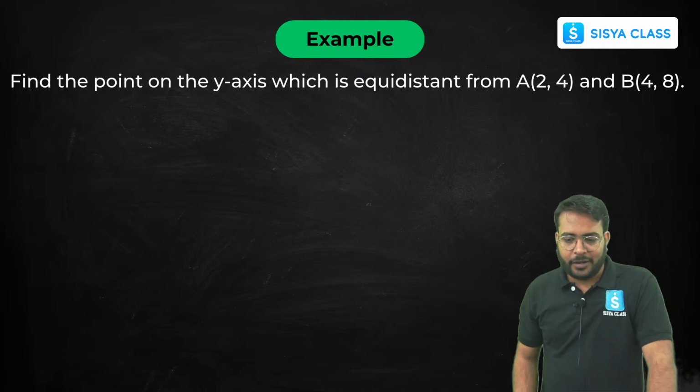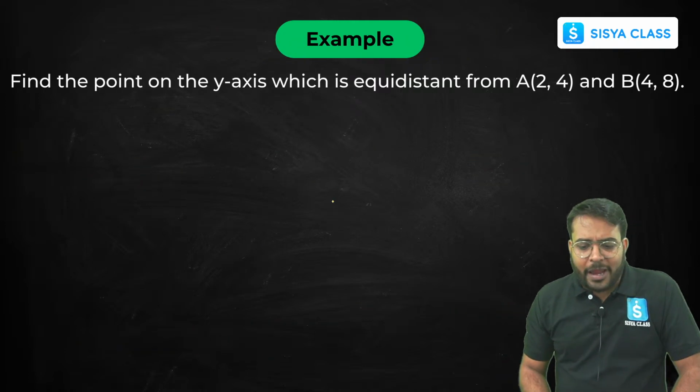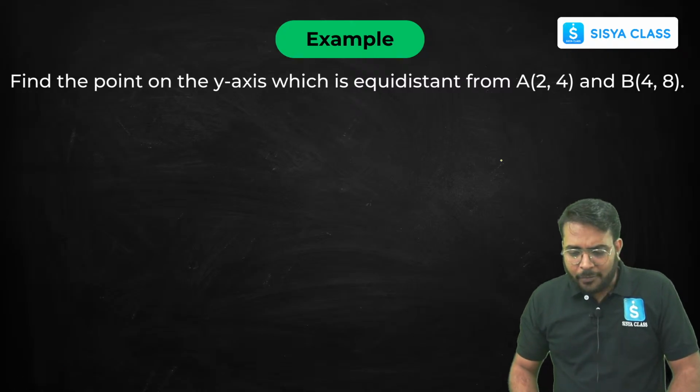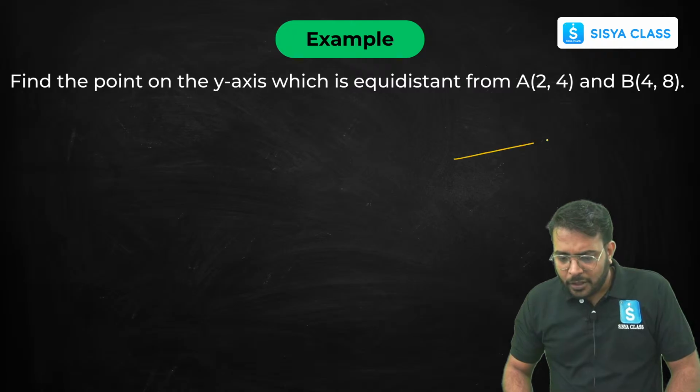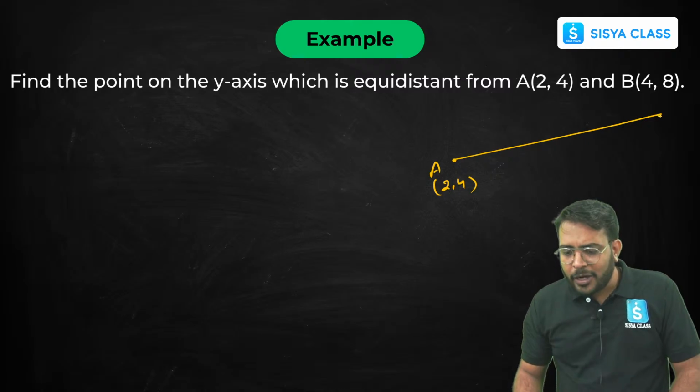Now let us have one question. Find the point on the y axis which is equidistant from these two points. We have 2 points. Suppose this is my point A, whose coordinates are 2, 4, and this is my point B, whose coordinates are 4, 8.